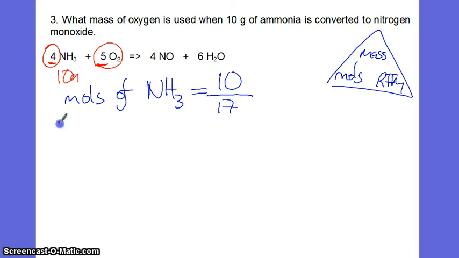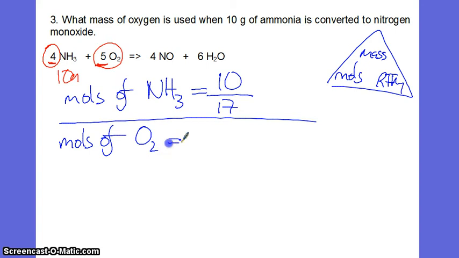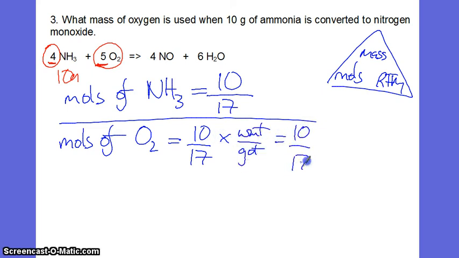Now you need to do your ratio. We've done the first section of the calculation. We work out our moles of O2. It's the moles of ammonia, 10 over 17, times by want over got. This is what we want, the oxygen, and this is what we've got, so 5 over 4. If we work that through, that gives us 0.735.